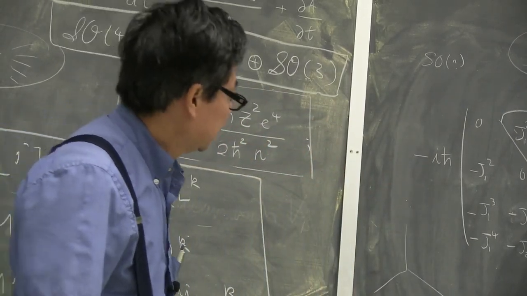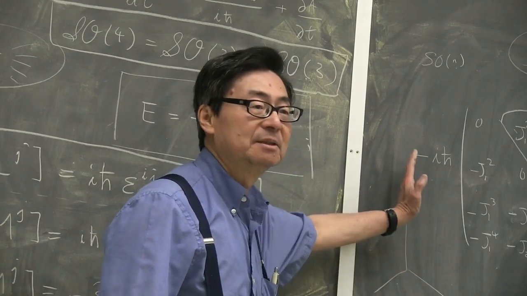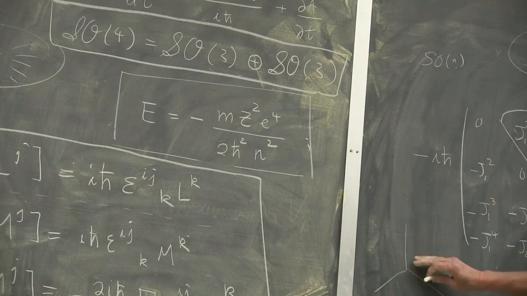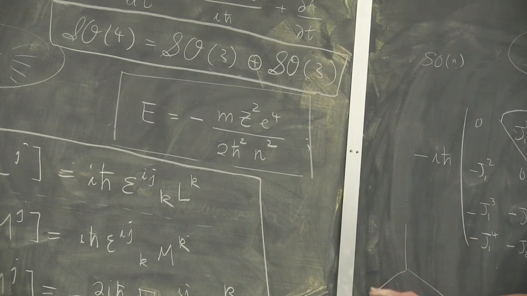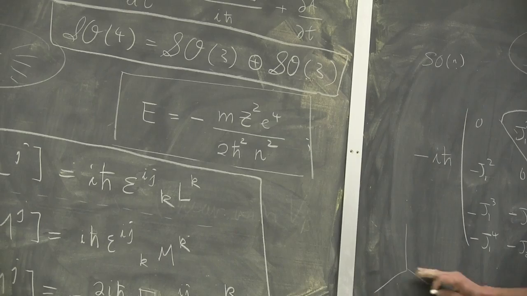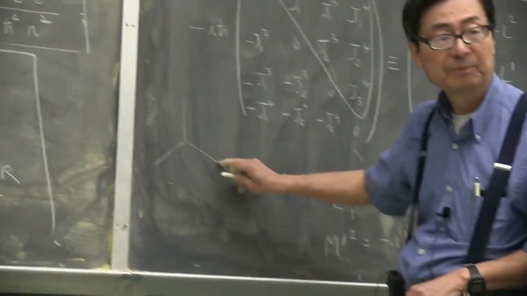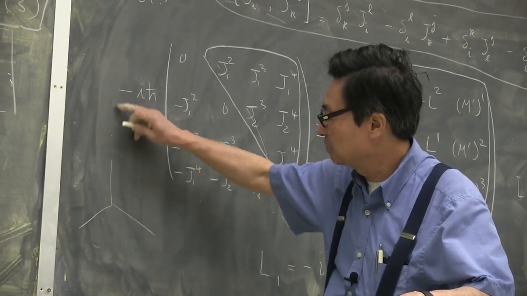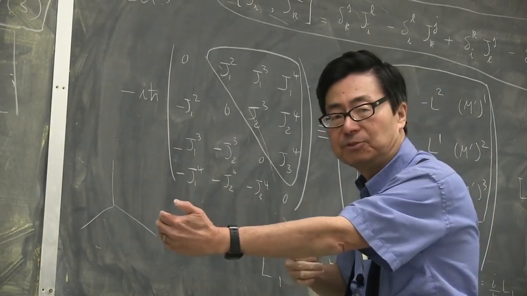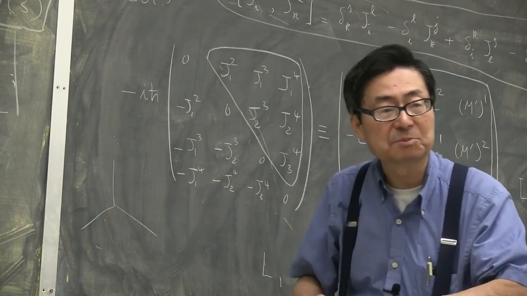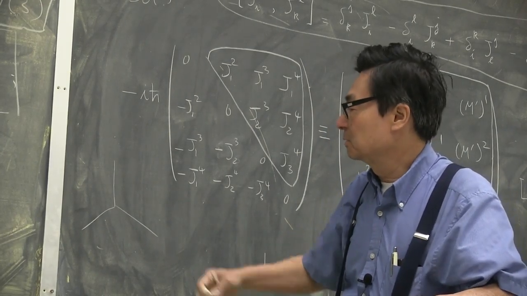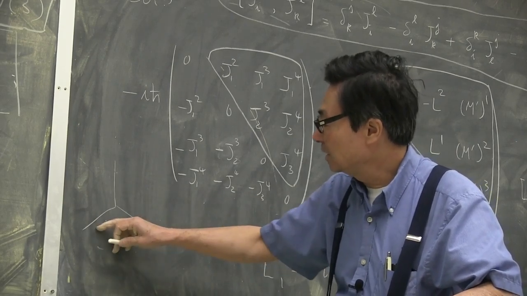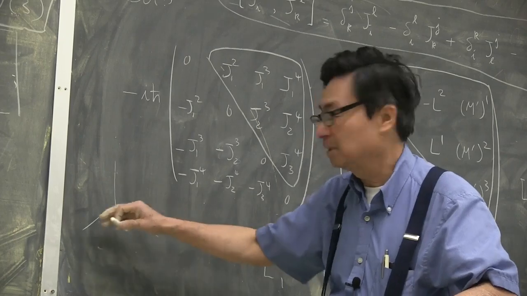It can be written as a direct sum of the vector space that's spanned by this vector plus the vector space that's spanned by these two vectors, right? Or it can be written as the direct sum of three different one-dimensional vector spaces. So it can be written as z plus xy, or x plus yz, or y plus xz.